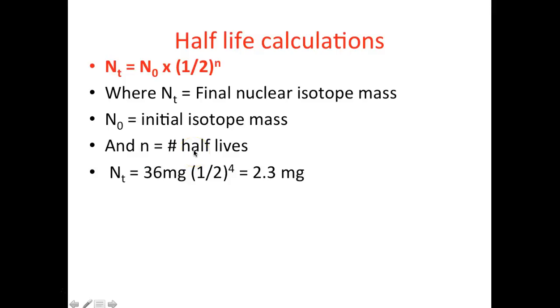So you can take that same 36 milligrams, that was the initial mass. The number of half-lives we determined was 4, so one half raised to 4. And when you do the math here, you would end up getting 2.3 milligrams.